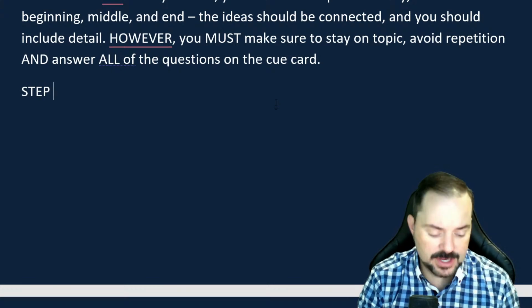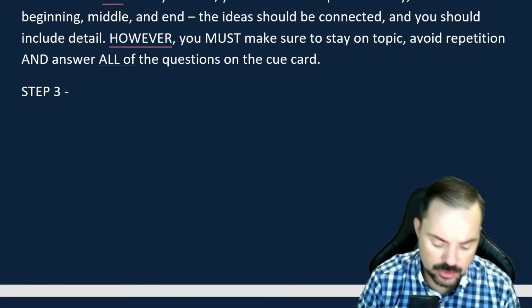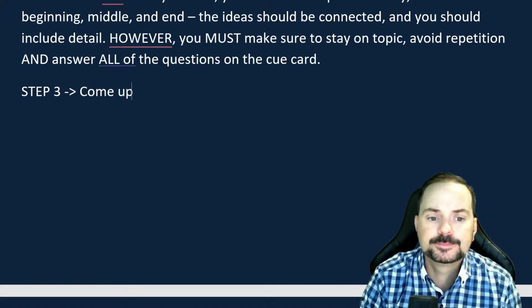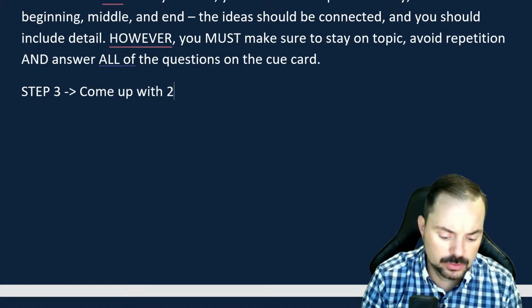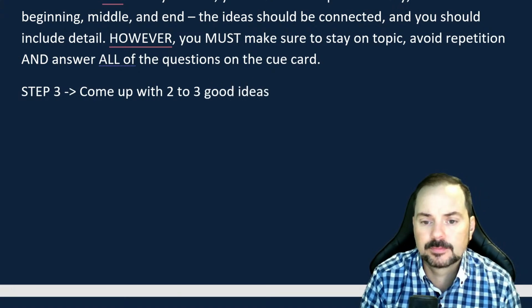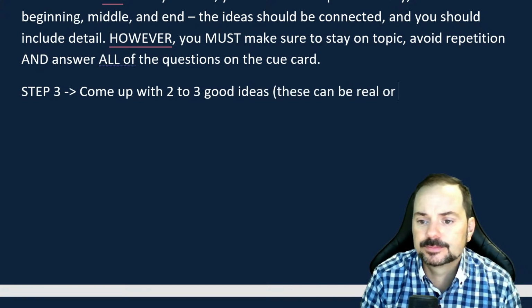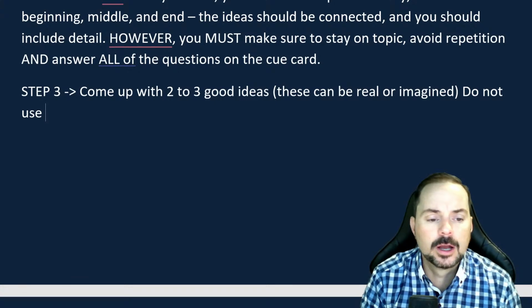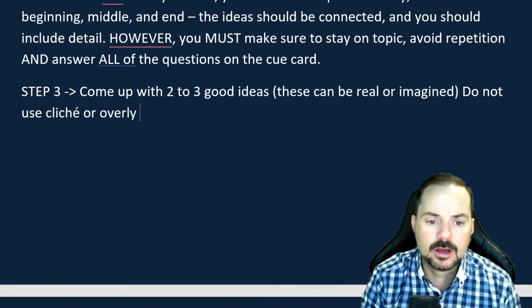Step 3 in your 1 minute preparation time is to come up with 2 to 3 good ideas. These can be real or imagined. Do not use cliche or overly popular ideas.